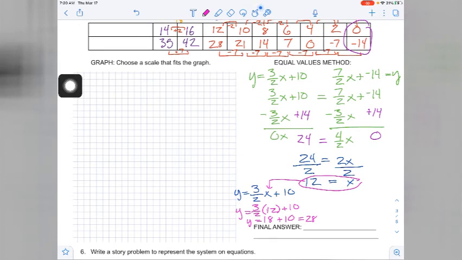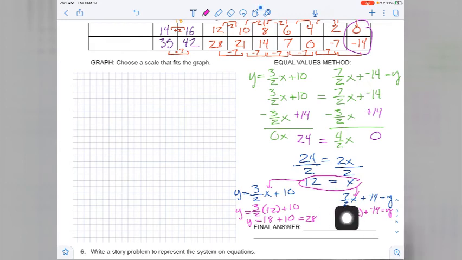Let's see if it's true on the other side. 7 halves of x plus negative 14 equals y, and I'm going to put the 12 right there, so it turns into 7 halves of 12 plus negative 14 equals y.